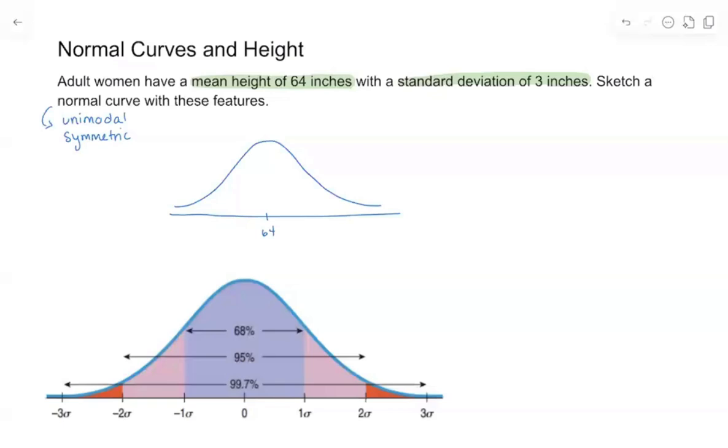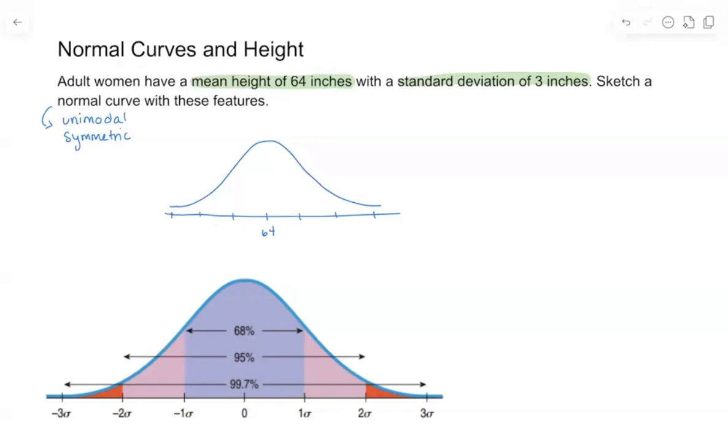And then just like with my sample, how I go out 1, 2, 3 standard deviations this way, I go 1, 2, 3 standard deviations this way. I'm going to do the same thing here. So I'm going to say 1, 2, 3 standard deviations in the positive direction and -1, -2, -3 standard deviations in the negative direction.